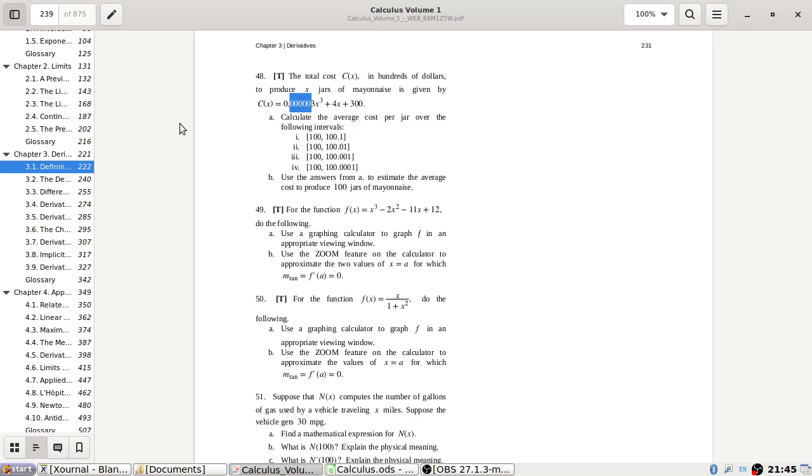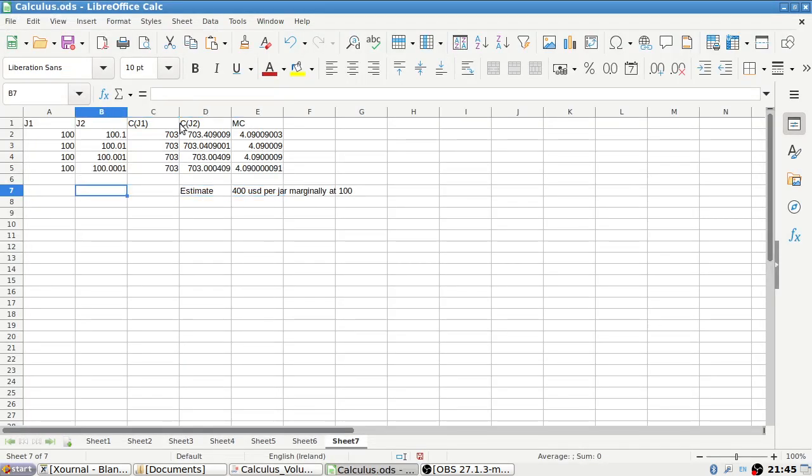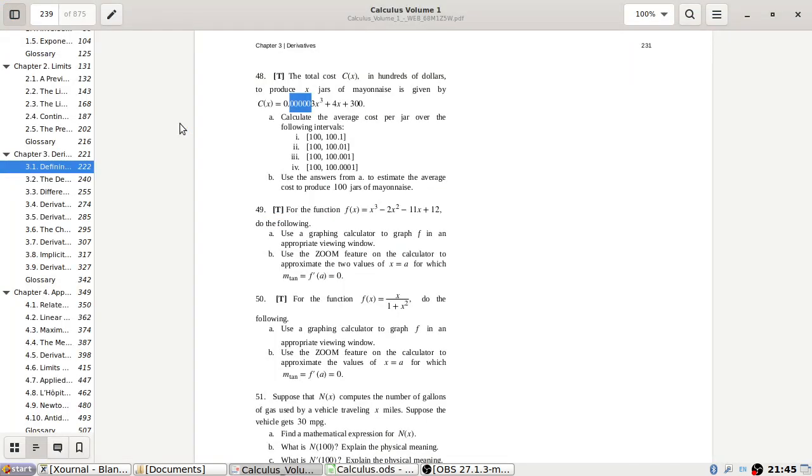Use your answer from A to estimate the average cost to produce 100 jars of mayonnaise. Well, that's 703. But did I mean 100 additional jars of mayonnaise? The total cost in hundreds of dollars to produce x jars of mayonnaise is given by that formula.